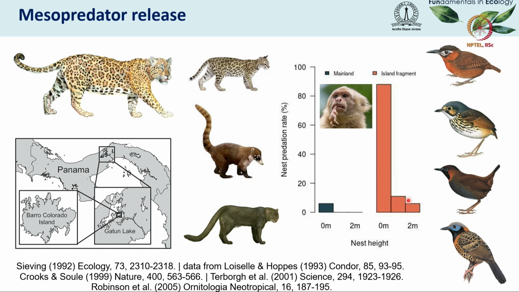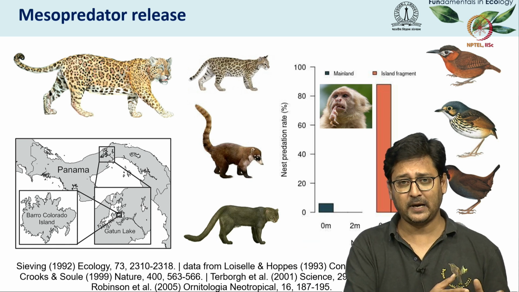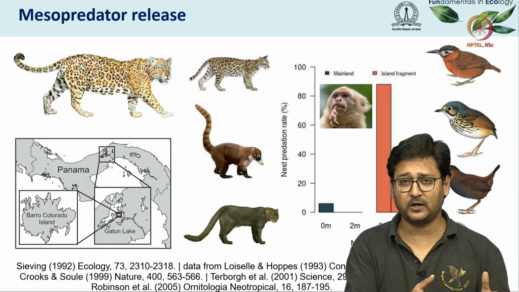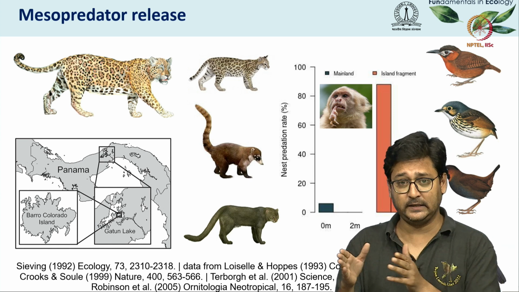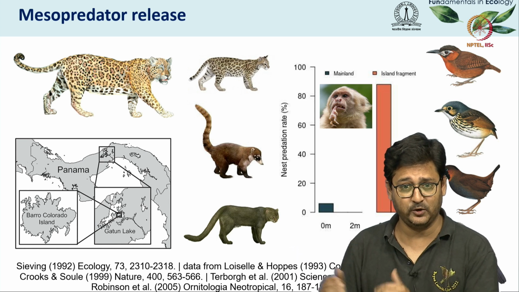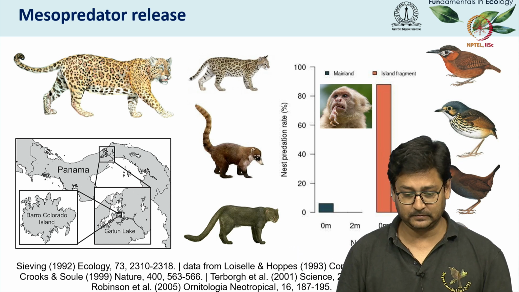So predation can have unexpected and indirect effects in structuring communities, including species that are not interacting with one of the main players structuring the community. The fact that several bird species have gone extinct from Barro Colorado and are no longer part of that community is because of the removal of the jaguar, which was not directly interacting with them. It was not eating any of these bird species.